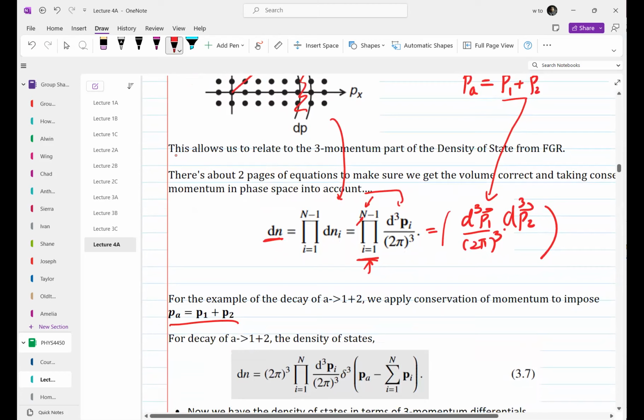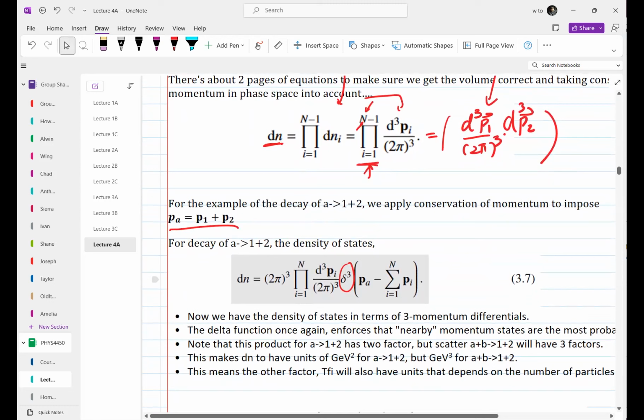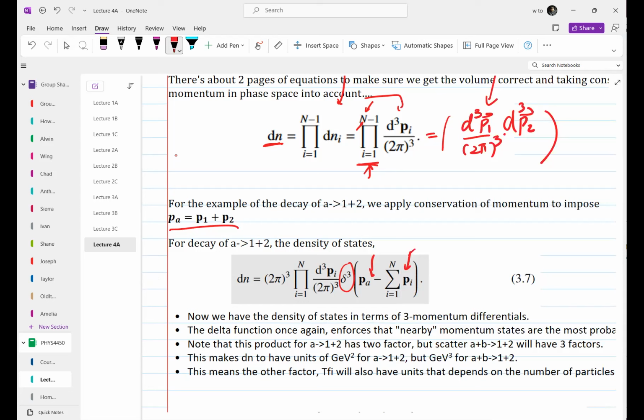The incoming momentum is constrained by yet another delta function, where we're making sure that the momentum coming in minus all the outgoing momentum adds up to 0. It's just to apply conservation of momentum. And that's what this dn thing turns into.